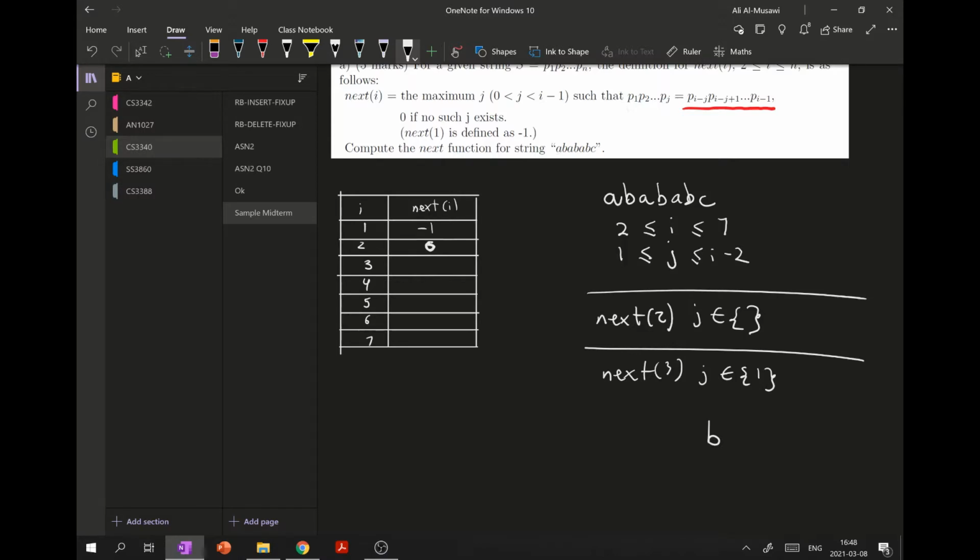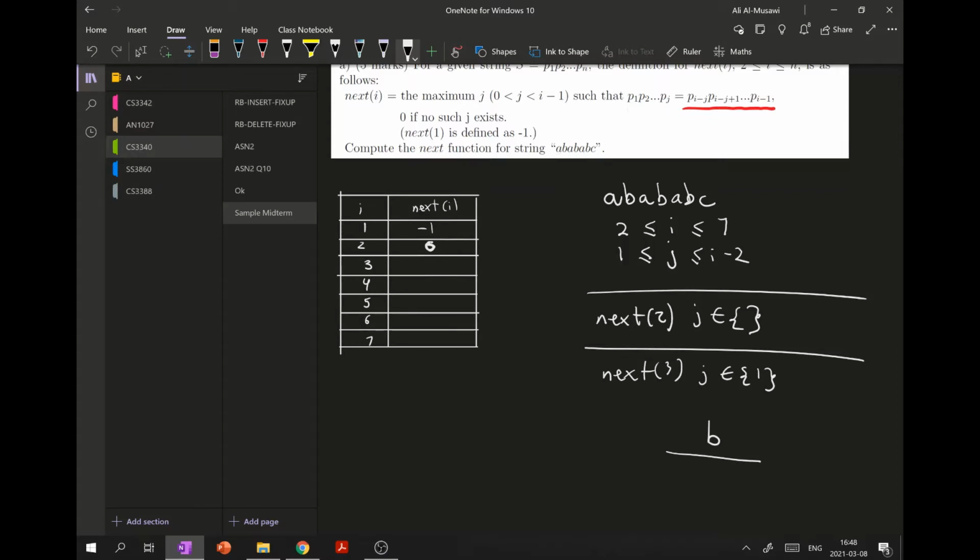It starts with p(i−j), where j is the max, which is 1. Let's consider that again. It's next of 3, so it's actually 3 minus 1, which is 2. So this is p2, and this one is p2, which means there's nothing in between. So it's just b, the string that we compare to. Now we have to range j over this set.